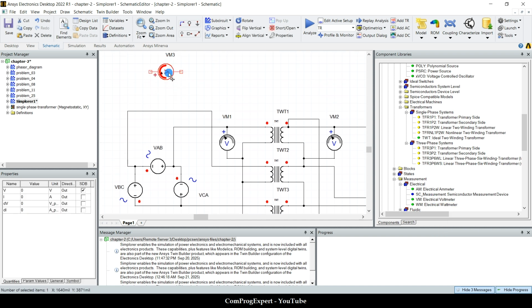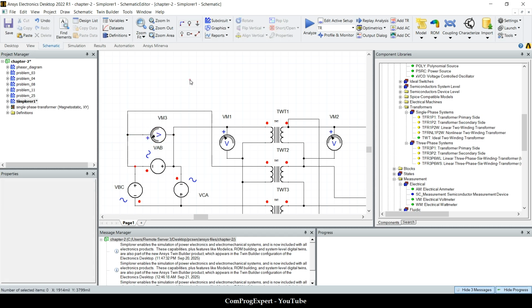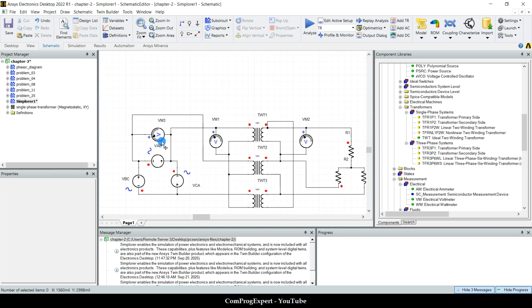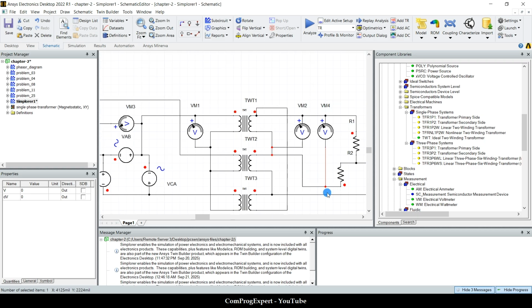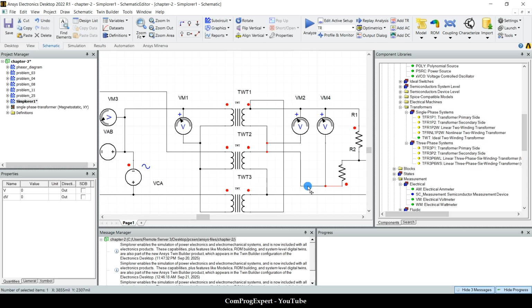So this is the line-to-line voltage here for the primary, and this is the line-to-line voltage for the secondary here. Voltage of this line with respect to this line that we have here.